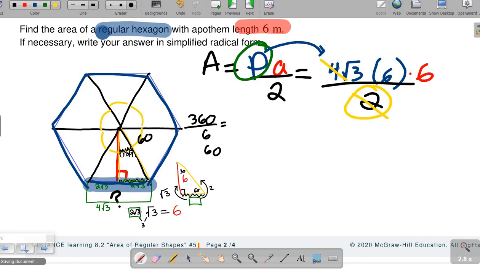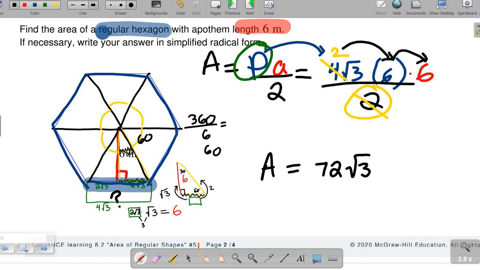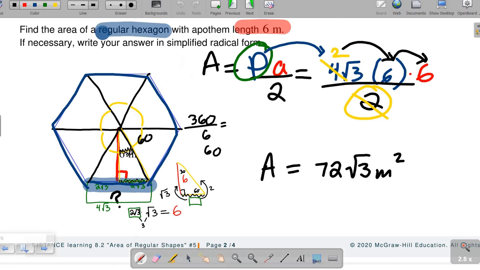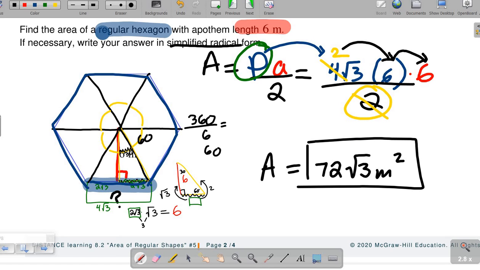I'm just going to bring it here. So 2 times 6 is 12. Times 6 again is 72. Our area is going to be 72 root 3 meters squared. That's exact simplified form.